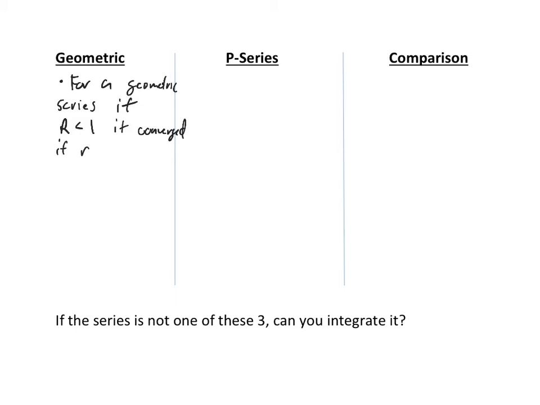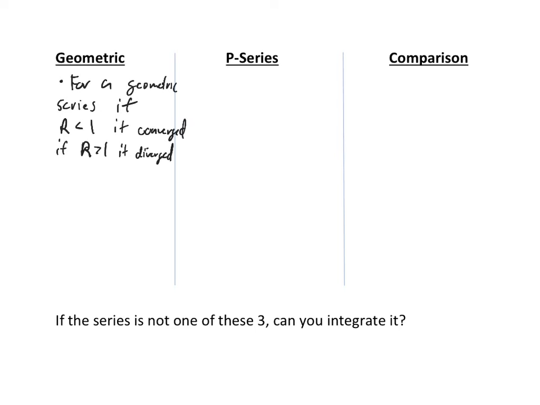If r was greater than 1, it diverged. So very simple, a common ratio, look at the ratio of the terms. If it's less than 1, it's going to converge. If it's greater than 1, it's going to diverge.